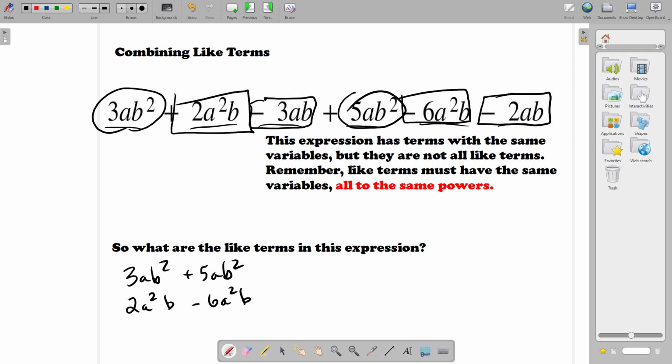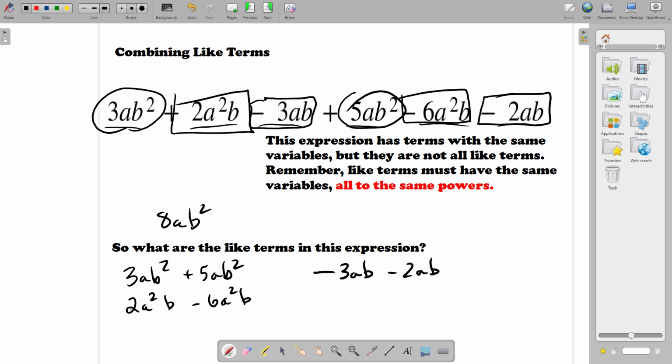And then we have a negative 3ab and a negative 2ab. So if we are going to simplify this expression and combine like terms, then we need to add the 3ab squared term to the 5ab squared term and get 8ab squared.